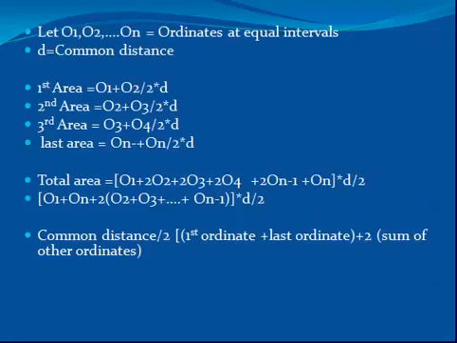According to the trapezoidal rule, the first area A1 is equal to O1 plus O2 divided by 2 into D, that is, the average of O1 and O2 times the common difference.